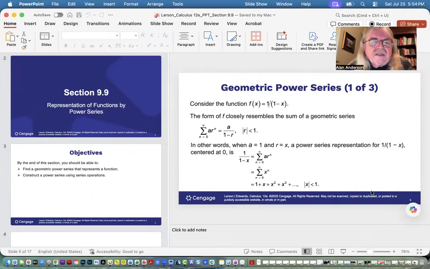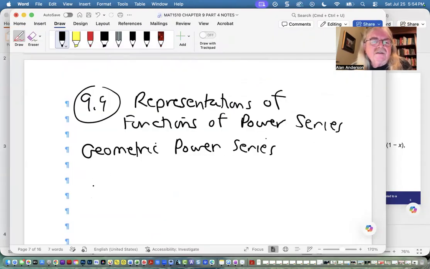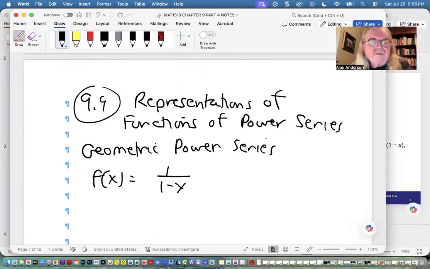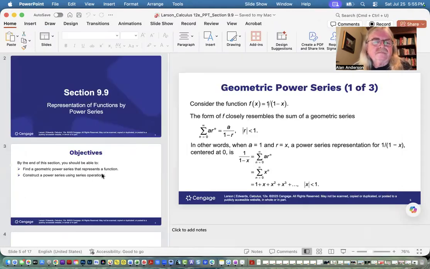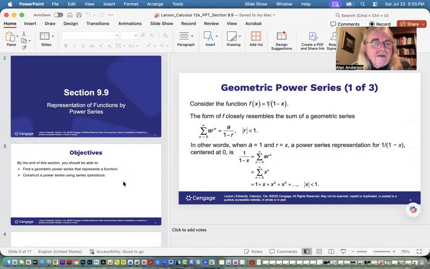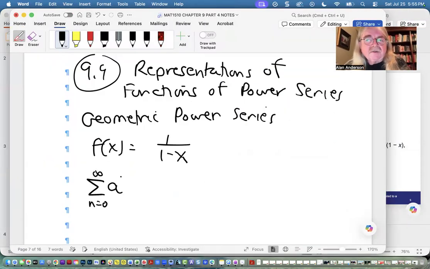So if you see a function like this, you immediately think geometric power series. And the way it's written in general is, now if you notice here, A doesn't have a subscript.